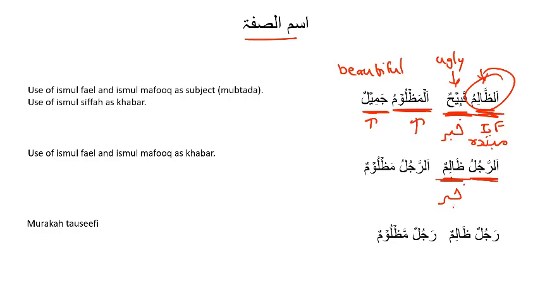So ar-rajulu zalimun means the man is unjust. And here we have again ar-rajulu ismu zat, mazlumun. Here the ismul maf'ul is used as the khabar. So this means that the man is a victim.